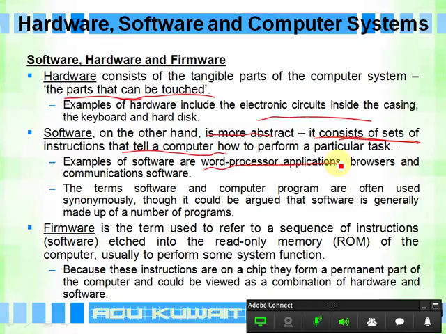You will get the black screen and some instructions there. That will start your operating system. So any program which will start the other programs, these are firmware. They are stored in a read-only memory, that is ROM. They are permanently stored in the memory, so that you cannot erase it, you cannot delete it.